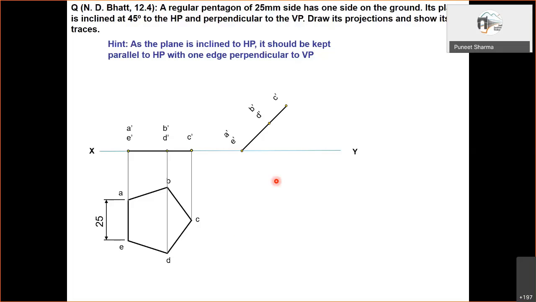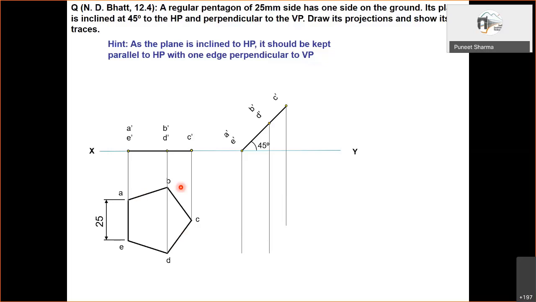After drawing these projectors, we'll also have to draw lines parallel to XY from here. These will give us the same distance from the XY line for these corresponding corner points. So, this 45-degree inclination as per the question is obtained here, then we draw these lines. These projectors will contain the top views.